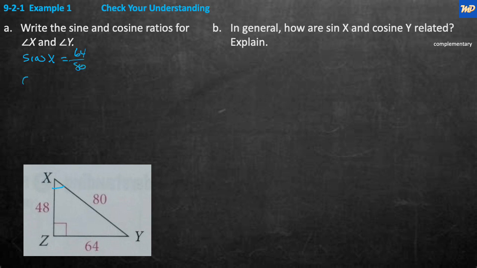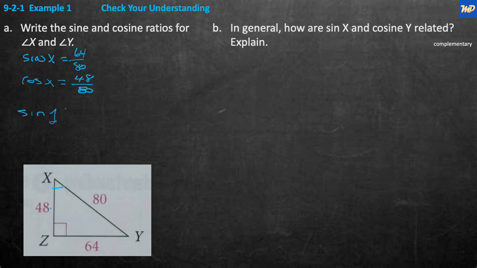How about the cosine? Cosine of x is equal to, here's x, cosine is the side adjacent divided by the hypotenuse. So it's 48 divided by, oops, that's an 8, 80. And now we have the sine of y.